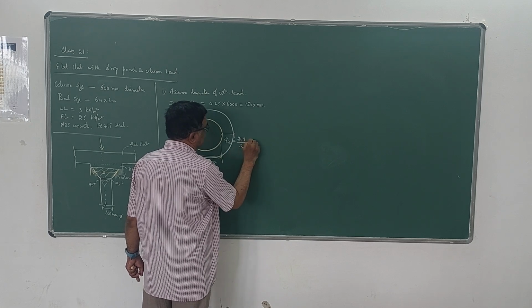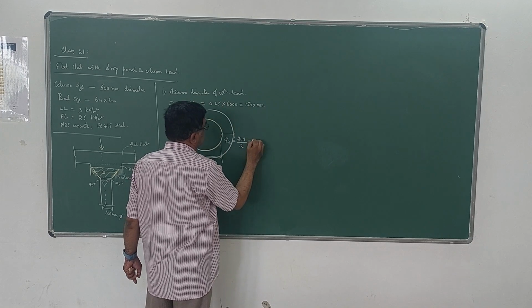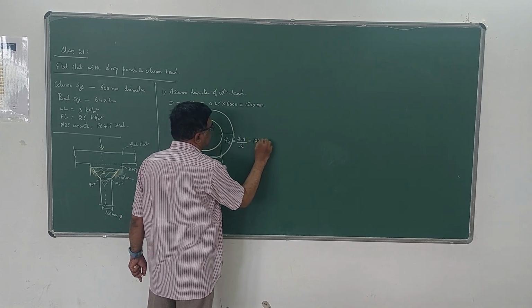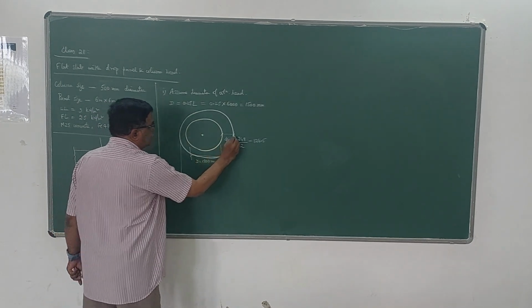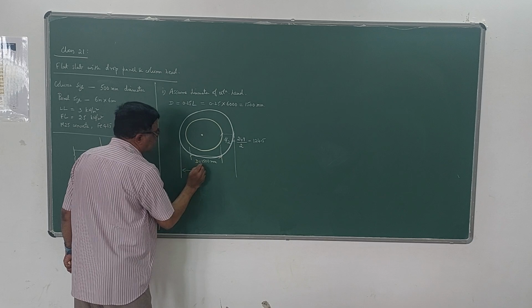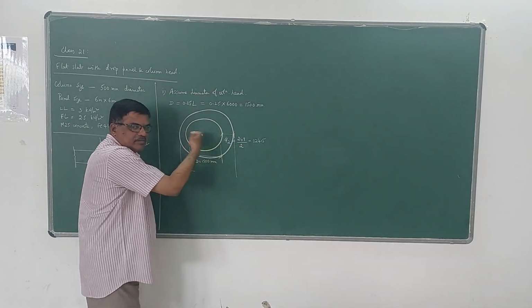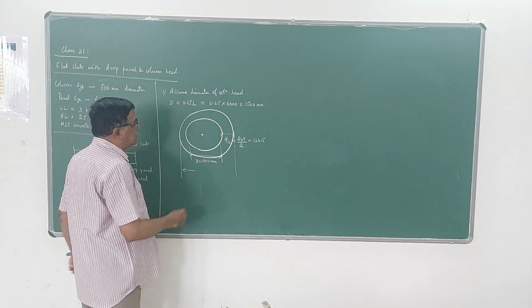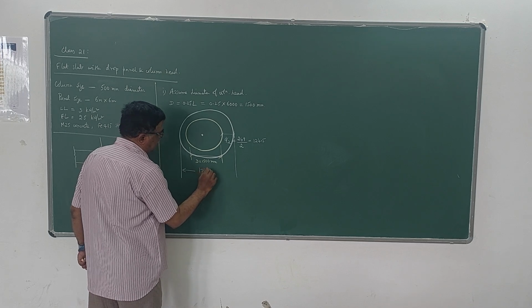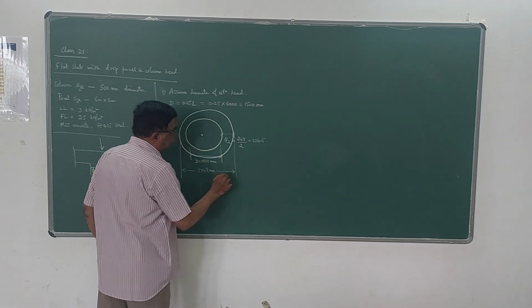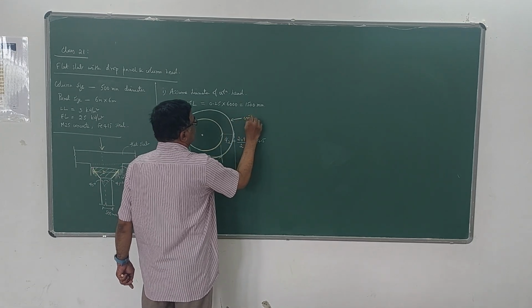So d by 2 is 249 divided by 2, which comes to 124.5. So your total diameter will be 1,500 plus 249, d by 2 on this side and d by 2 on this side. So it is 1,749 mm. This is the total diameter of the critical section for punching shear.